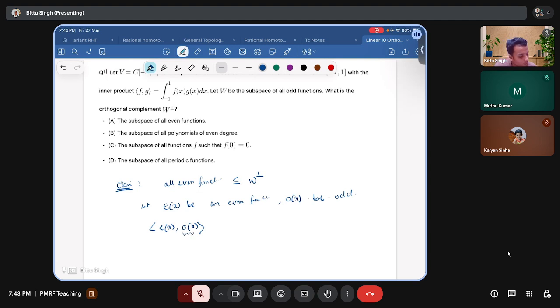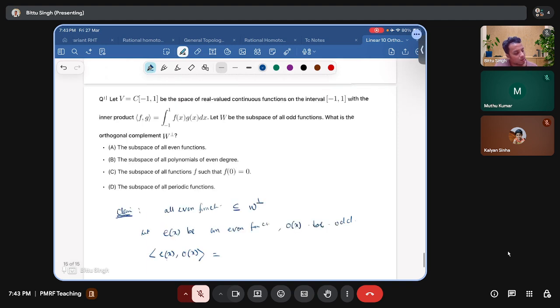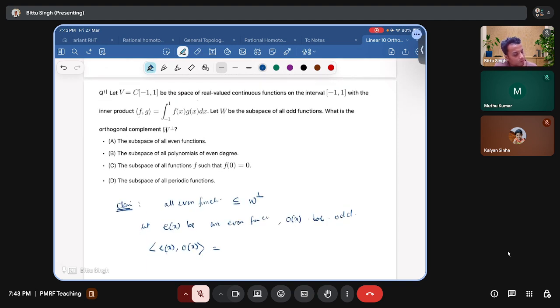Sometimes I am writing O(x); whenever I write O(x), I am denoting the function O, and the same for the function E. I am not evaluating at a fixed x. That should be clear. So the inner product in this vector space is given by the integral from -1 to 1 of E(x) times O(x) dx.